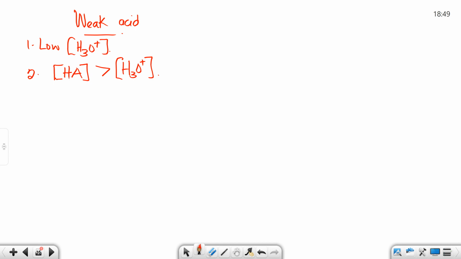If it produces a small amount out of the original acid itself, then we say it is a weak acid. So here the concentration of the acid itself is more than the hydronium ion it produced. It's a weak acid because it produced a small amount. This really tells you that the reverse reaction is favored.